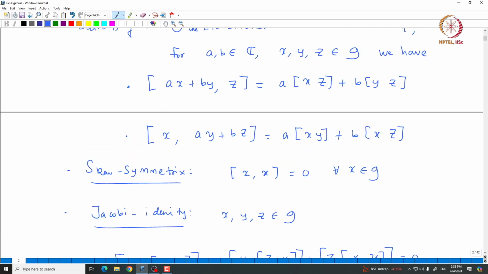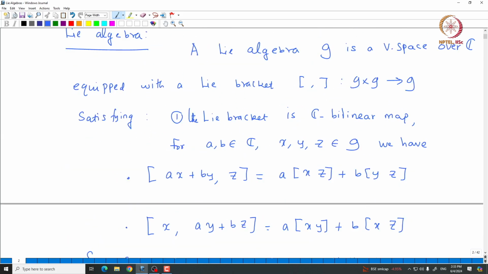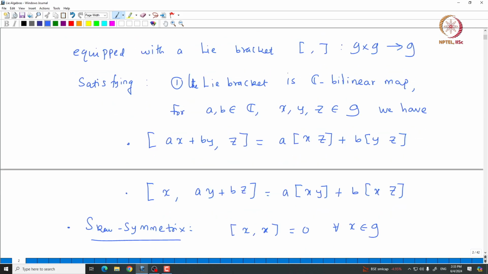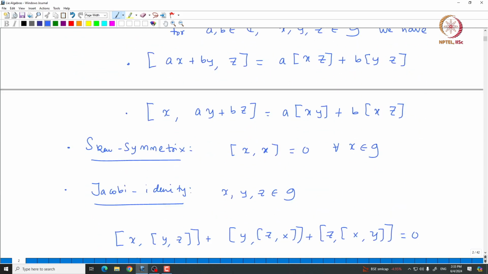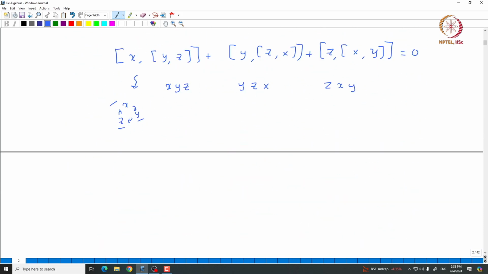So a Lie algebra over complex numbers is a vector space G with this Lie bracket satisfying these three conditions. The bracket should be a C bilinear map, and it should satisfy skew symmetry and the Jacobi identity. In this course, we will only deal with Lie algebras and their representations over complex numbers.